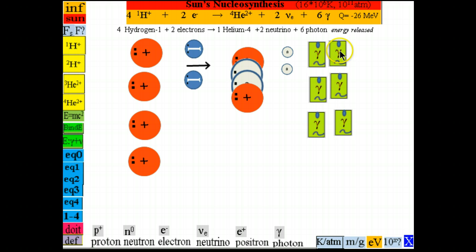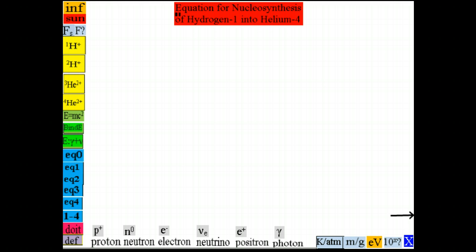These 6 photons are essentially the energy that is released during the sun's nucleosynthesis, nuclear fusion, and a little bit of energy is also released through the neutrinos. Let's see what I remember.